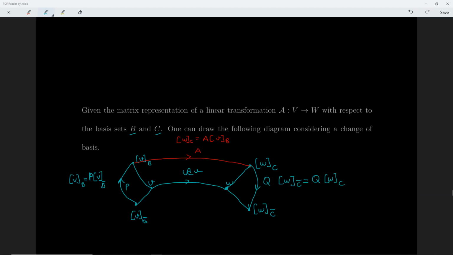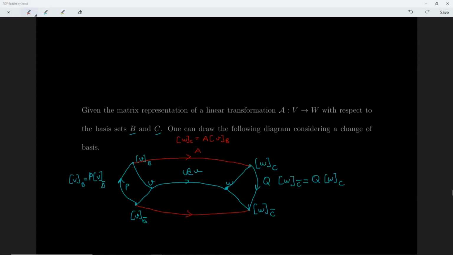If we go back to our linear transformation, W equal to A of V, we can obtain one matrix representation with respect to basis sets B and C, and we can obtain another representation of the same linear transformation with respect to basis vectors B bar and C bar. I will show that with that line over here.